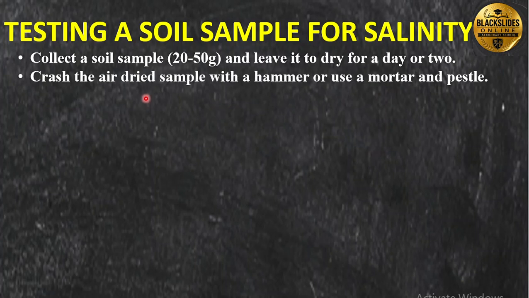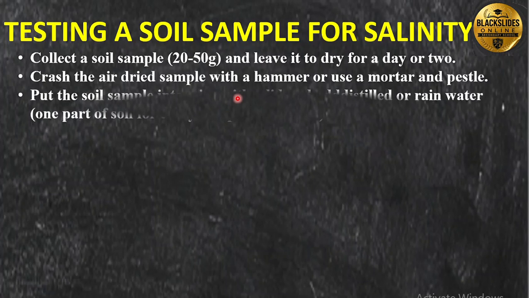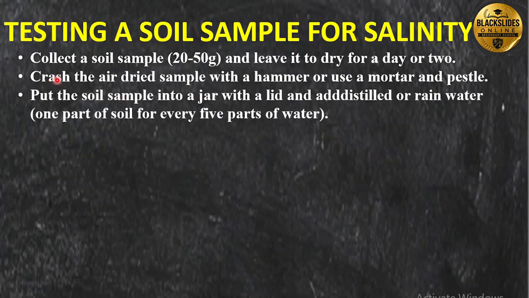Then crush the air-dried sample with a hammer or use a mortar and pestle. So you crush the soil. Put the soil sample into a jar with a lid and add distilled or rainwater to it, 1 part of soil to 5 parts of water.